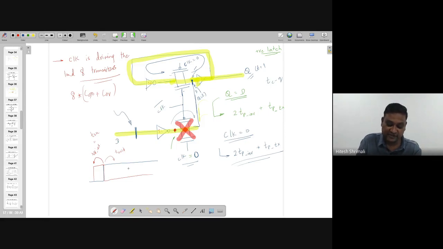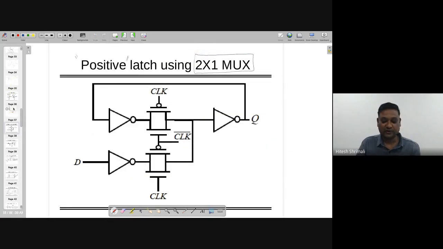If this data is changing, still that data will be transferred at the other side. It's not giving you any kind of rule that you have to keep some time. So t hold is 0 here, or as low as 0 in the ideal condition. However, you can keep some value so that it will work, right? So this was all about the 2:1 MUX based positive latch.